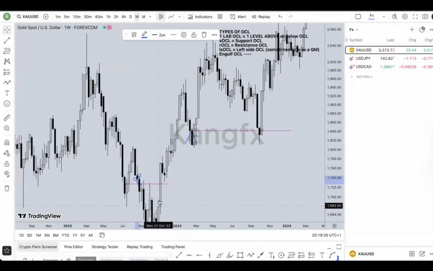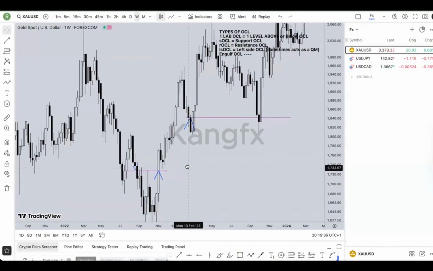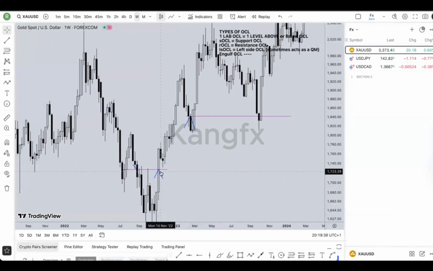After the break, it came back, broke again. Now, at this point, when the market came back in, it was supposed to act as resistance, but it broke again. You see, the market came back, despite it did not touch it here, but if I check it out on another broker, there might be a touch here, came back to this level and left. You see that, very, very easy.